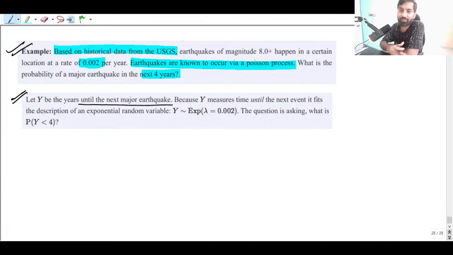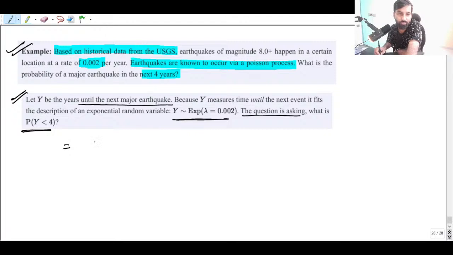Because Y measures time until the next event, it fits the description of an exponential random variable. Y is equal to this, and the parameter is given as 0.002. That is the rate, okay, per year. The question is asking what is the probability Y less than 4.